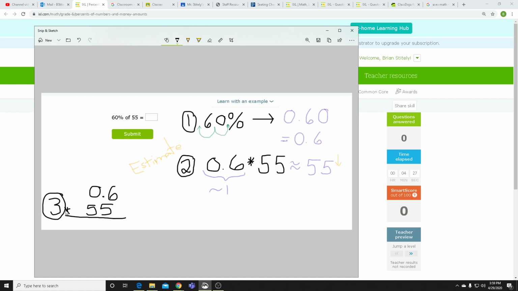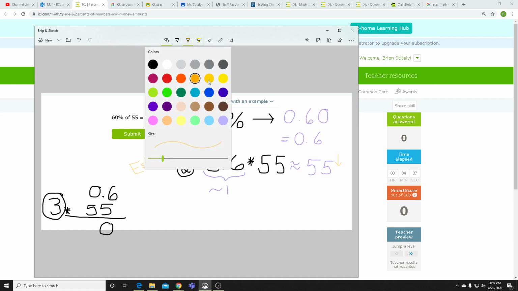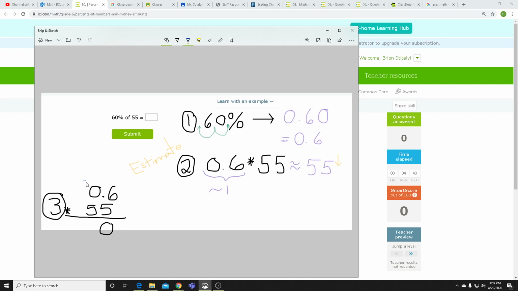So now you just go ahead and multiply. 6 times 5 is 30. So we write down a 0. You're going to carry over the 3. Okay. Now we have 0 times 5. That's 0 plus 3. So we put a 3 right here.